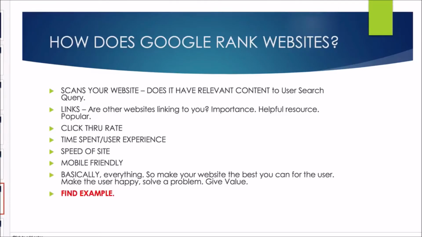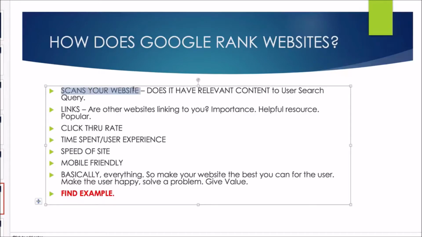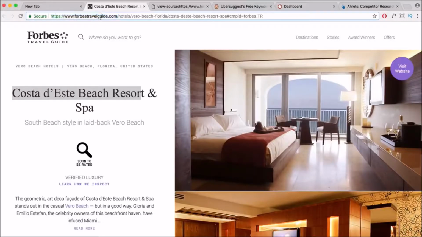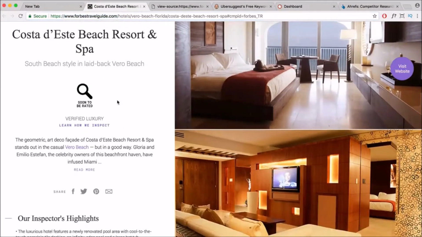Okay, so I'm going to explain a little bit about how Google actually ranks your website. The first, most basic thing they do is scan your website. Let's look at this website here, Forbes Travel Guide. They look at your page's content. Does it have the keywords the user is searching for?